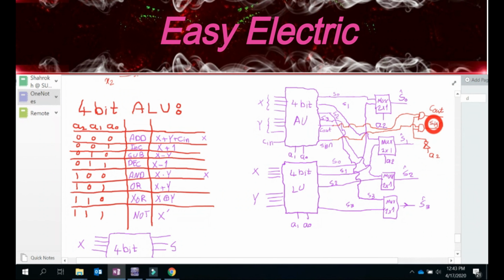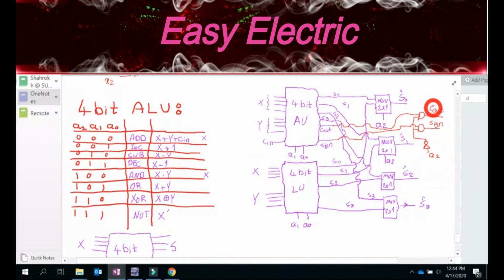Definitely the output will be 0, 0. So that means whenever that is LU, sign and C out are 0. But whenever that is 0, which should be the AU, if this is 0, NOT is 1. So that means it has no effect on the output, and C out exactly passes as C out, and sign exactly passes as sign to the output.